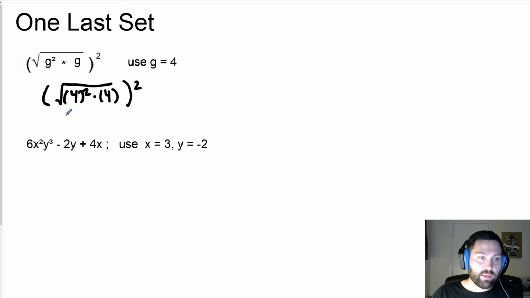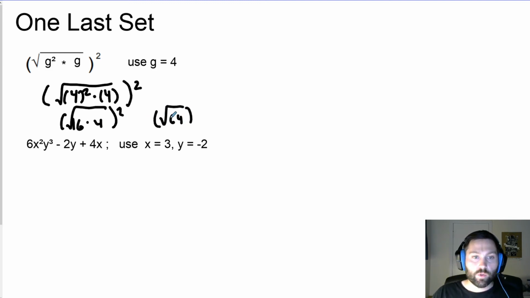So I get the square root of 64, squared. So the square root of 64 is 8. So it's 8 squared, which goes back to 64. So you can kind of see that the square and the square root would have undone themselves.